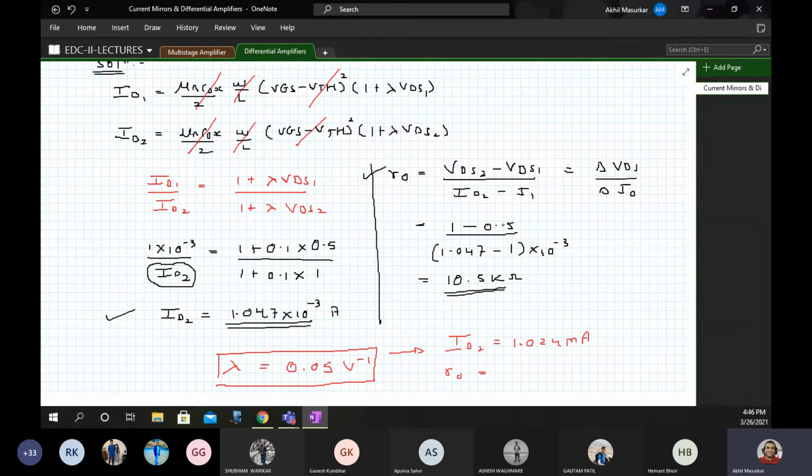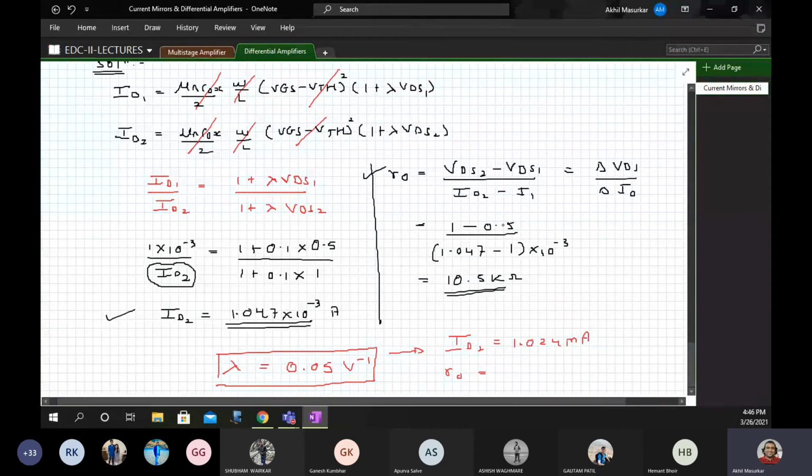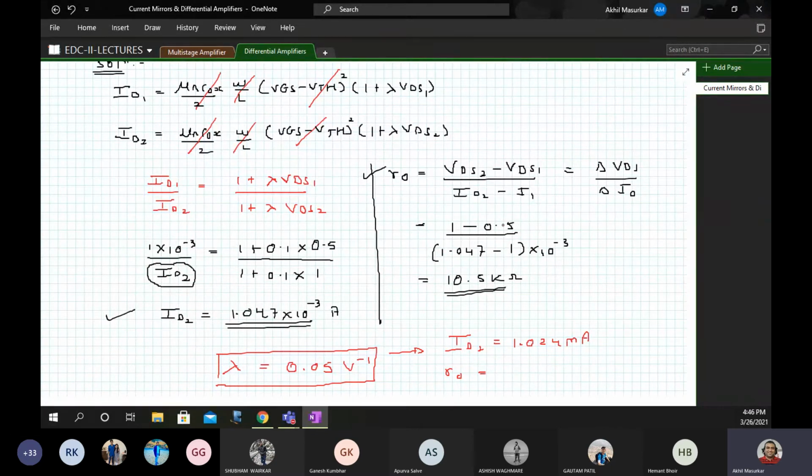I want to convince you all that if I change ID, my R0 also changes, and my gain depends on R0 in some way, and that is why I would like to have that to be constant.